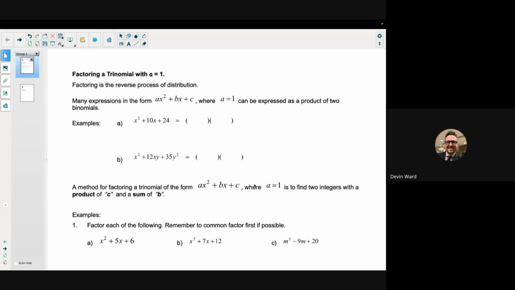I'm going to fill in the blank in a minute. But because I have the x squared and the y squared and the xy in the middle, I'm going to have a sum of each. So my sum is -15. My product is 54. So now I need two numbers that multiply to 54 and add to negative 15.